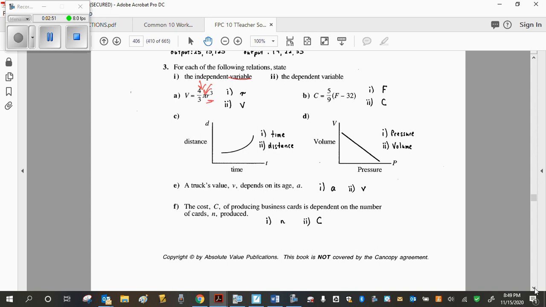And we just saw that R squared is not a variable. So R cubed certainly is not either. It's either R or V. It's either C or F. You don't have to worry about the other mumbo jumbo. And don't forget, your x-axis is horizontal, your y-axis is vertical. So there's your independent variable, there's your dependent variable.